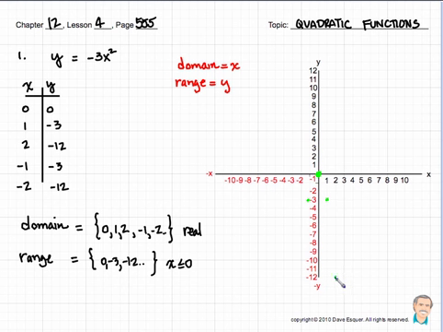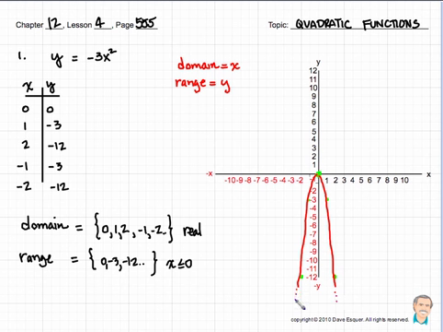We're going to go with 2, negative 12, negative 2, negative 12. And you're going to see that our parabola, and I'm not sure how successful I'm going to be, remember, we're not connecting the dots, looks something like that. Kind of a lousy job.